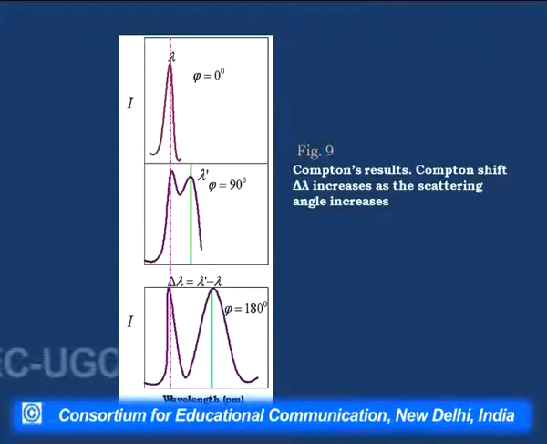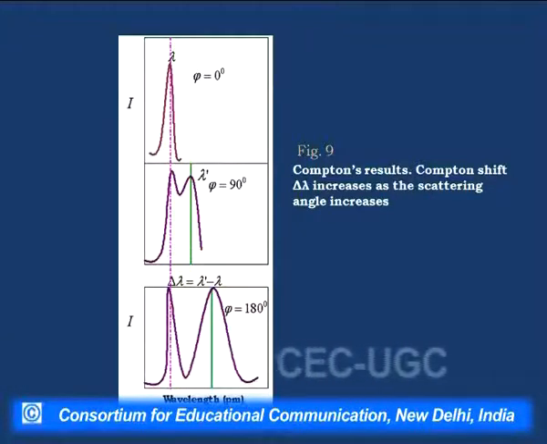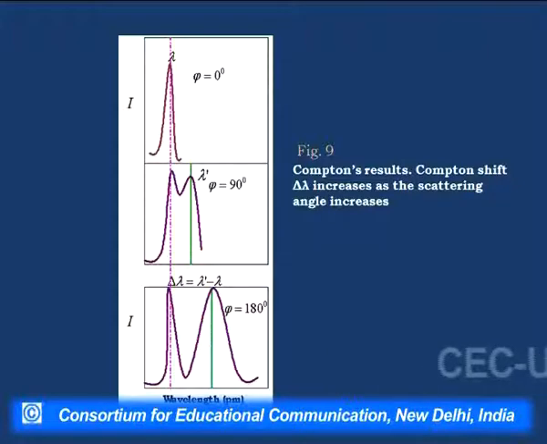When the incoming wave falls on the target, which has atoms, the electric field of this electromagnetic wave interacts with the field of the electrons, and these electrons start oscillating.